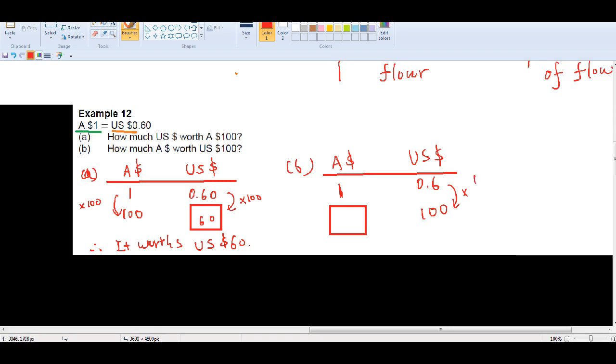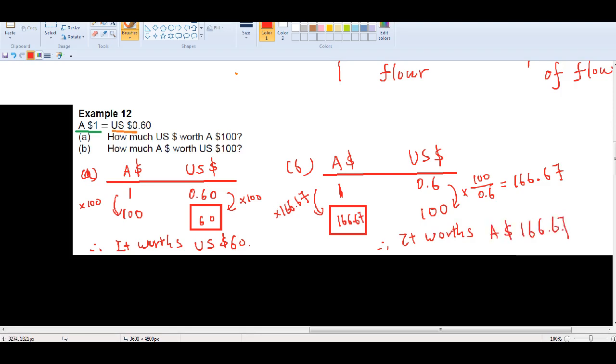So if you multiply by 100 divided by 0.6, you will get your 100, right? Let's see what number you get. 100 divided by 0.6 gives you 166.67. So it is worth 166.67 Australian dollars. Okay, that's it.